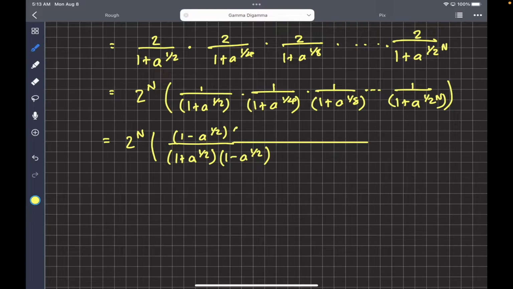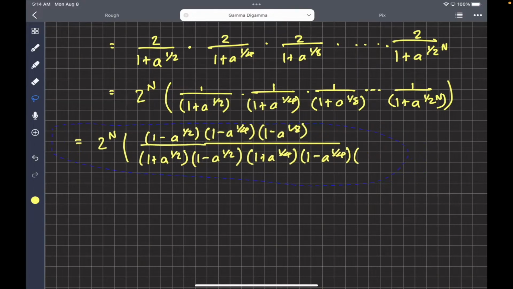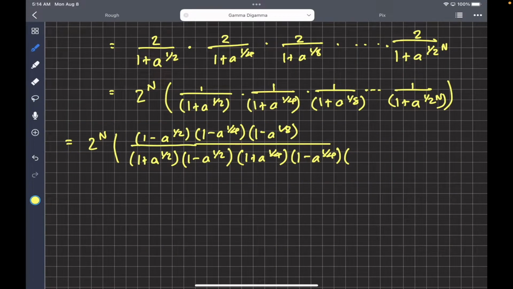And then alongside that, I will also multiply 1 minus a to the 1 fourth in the numerator and the denominator. Maybe we can do that for the 1/8 term as well. I usually write just two terms if we want to use an infinite product representation, but in this case I just seem to have followed the usual textbook convention of writing three terms and then the last term.